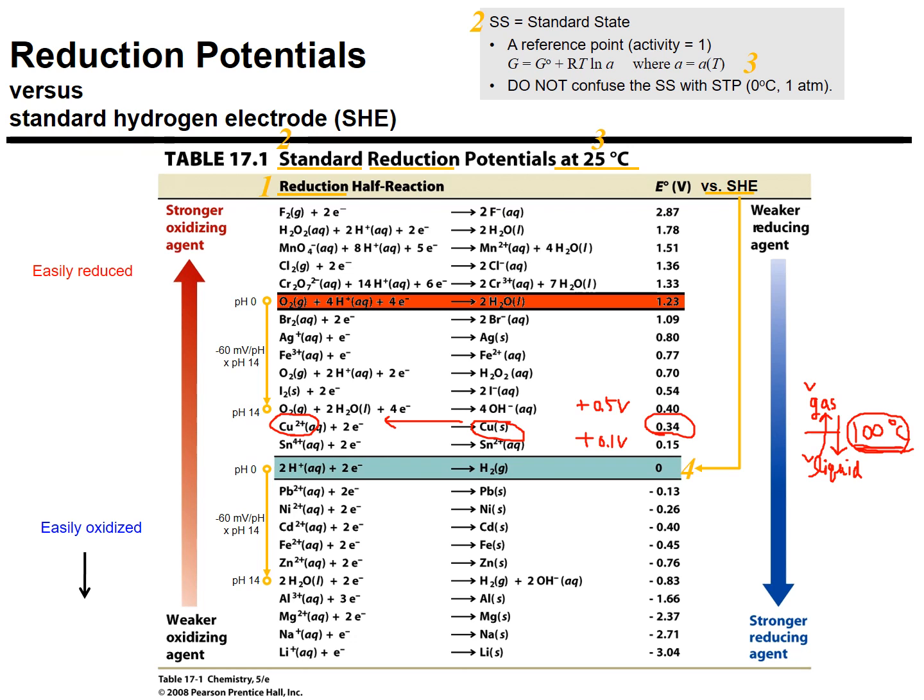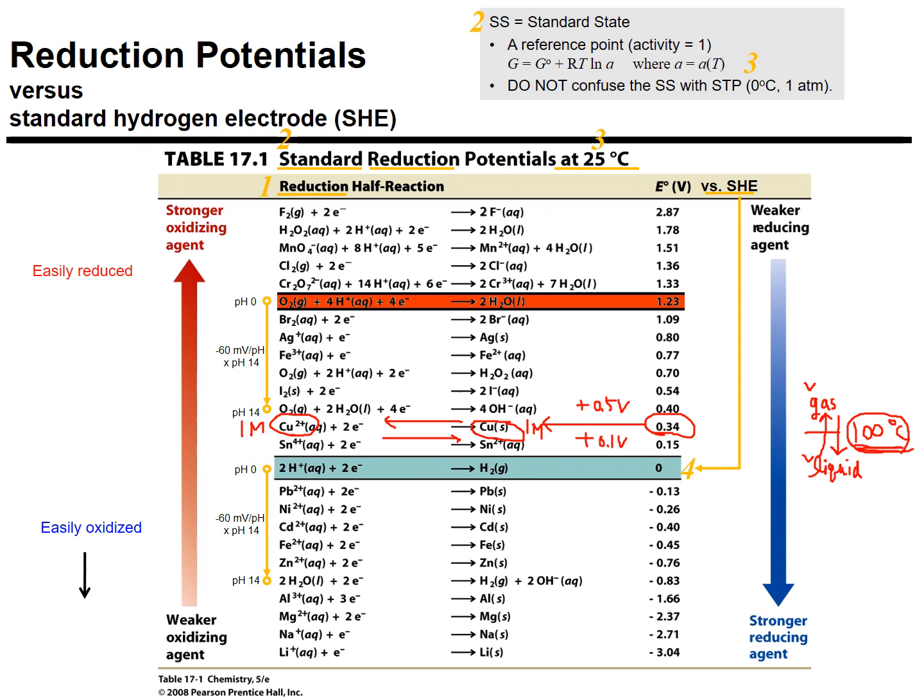So what happens? Right now we are in a more reductive environment. So copper 2 plus is going to copper. However, at 0.34 volt, there is an equilibrium between copper 2 plus and copper. Actually, in this situation, you would have one molarity of copper 2 plus and one molarity of copper metal there.